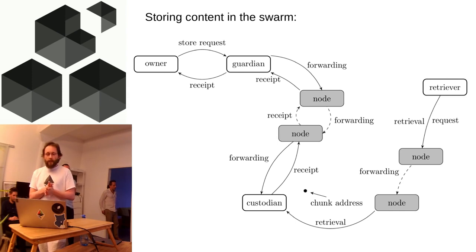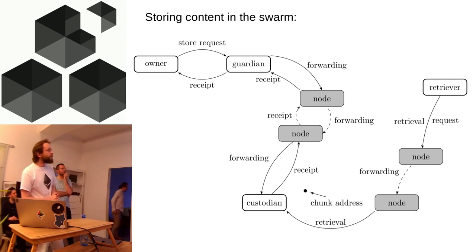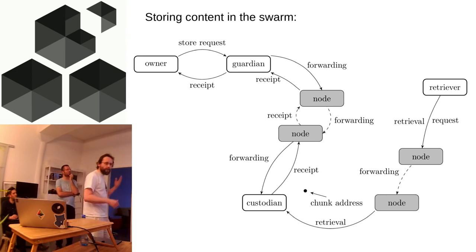The system of guardians, I'm going to explain in the picture. So, the storing system works very similar to the original sync system, except that as the data flows into the swarm, there are receipts flowing backwards from the registered nodes. Each one that accepts the chunk gives a receipt that it's accepted it. And the owner of the file, which is you, gets to send the store request to the next peer over, which is going to be the guardian.